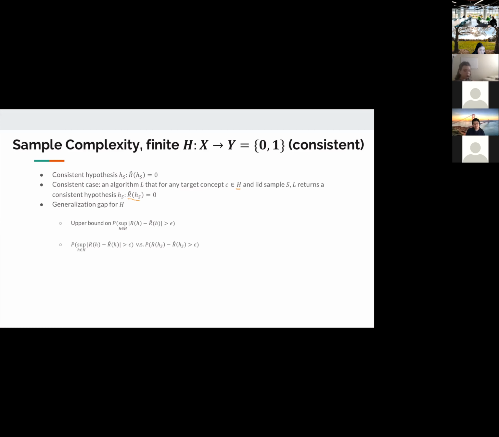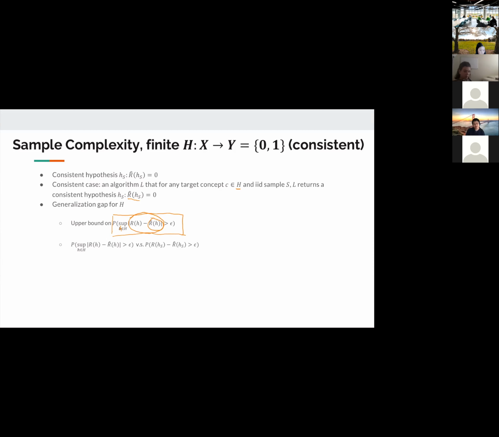Now the generalization gap for H is essentially the upper bound on this probability here. This probability is just the supremum over H. So you can say this is the largest gap between the true error and the empirical error.